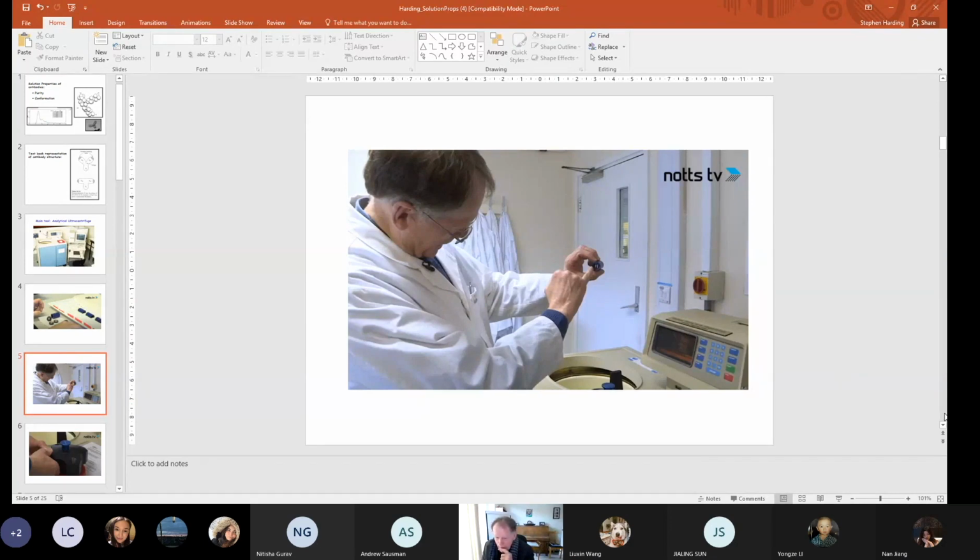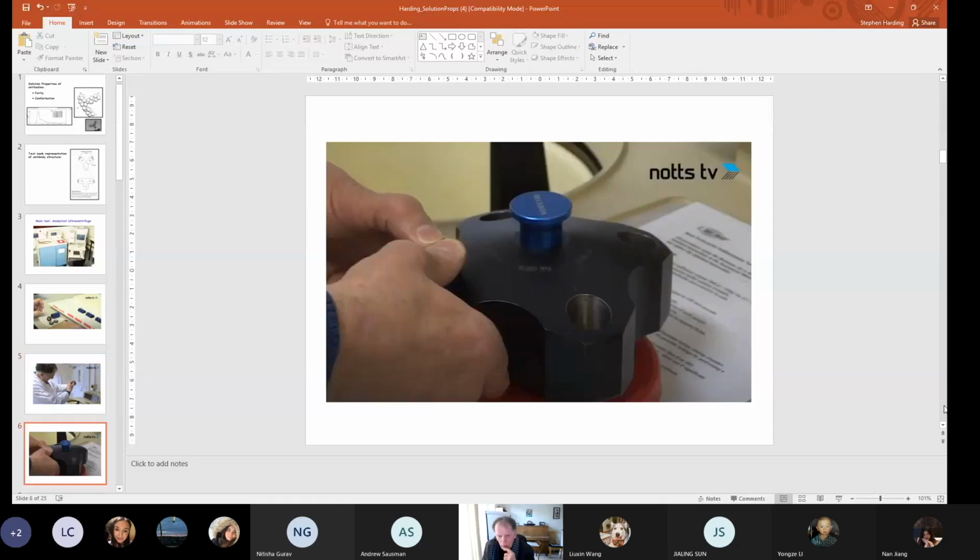And maybe when the lockdown restrictions ease off a bit, which hopefully will be quite soon from what the government said yesterday, we'll be able to show you the operation of instrumentation like this. So maybe in a few weeks' time, I'll be back in contact with you over that.